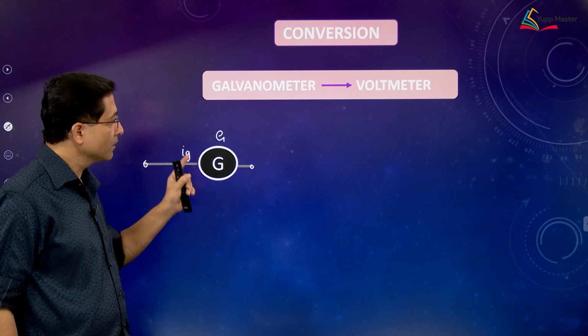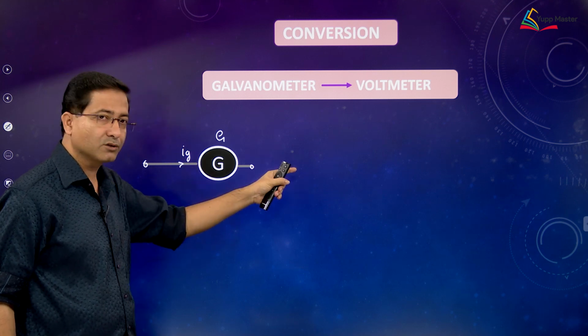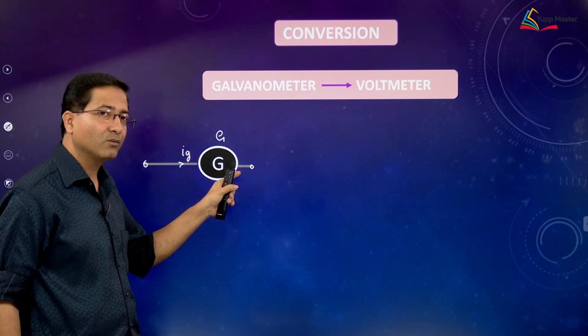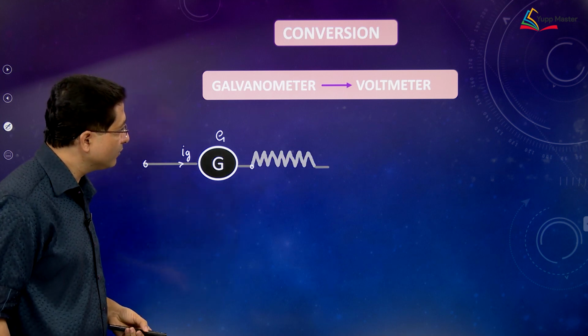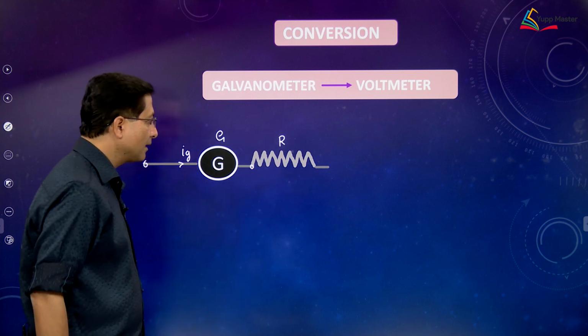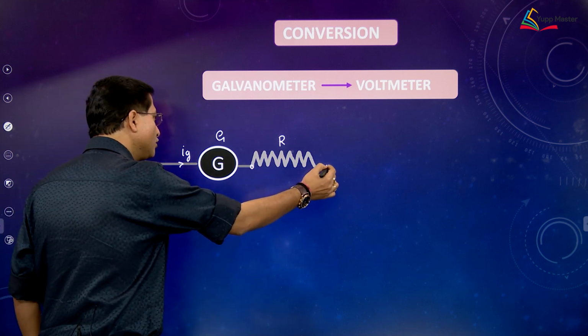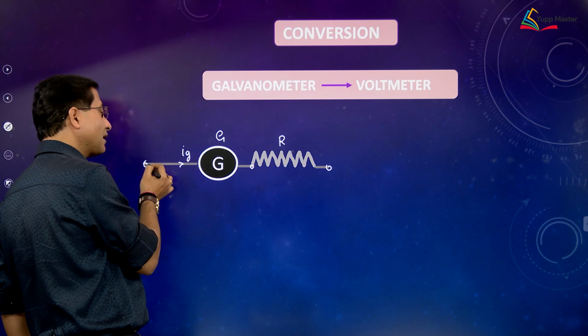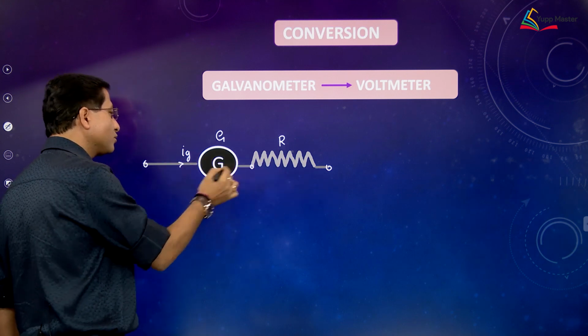So what we do is increase the range by connecting one resistor in series. We will add one resistor in series, let that be R, and now these 2 points will have a higher voltage difference as compared to these 2 points.